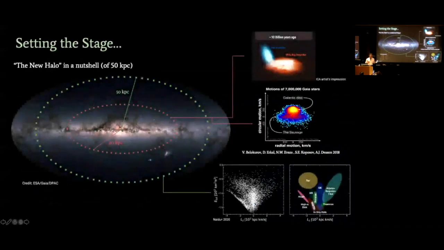So there's a long and rich history of studying the stellar halo of the Milky Way that I cannot go over possibly within a minute. So let me give you the most recent new halo picture that we have uncovered from the Gaia revolution. There are two distinct phases in the stellar halo. We have the inner halo within 20 kpc, where it is entirely dominated by this one merger event called Gaia Sausage Enceladus, GSE from now on.